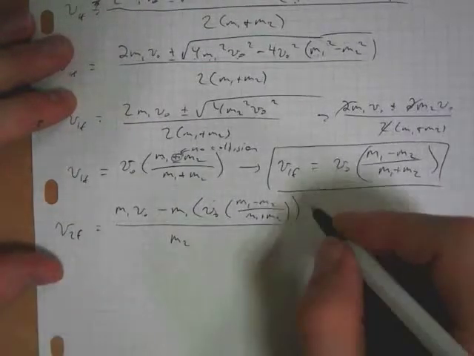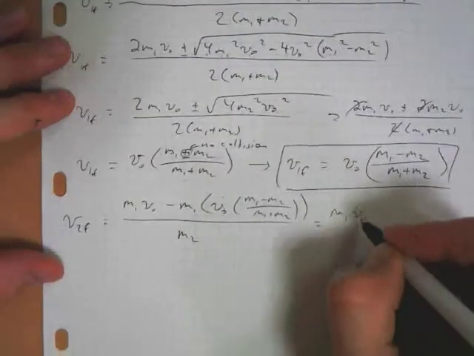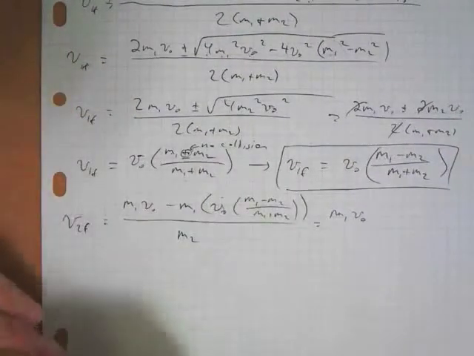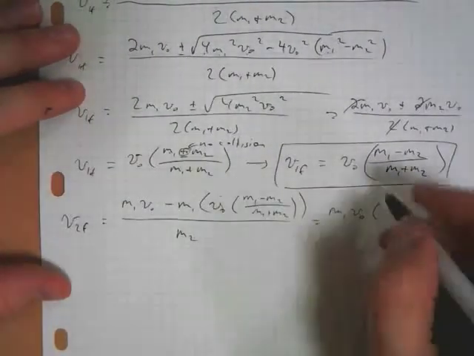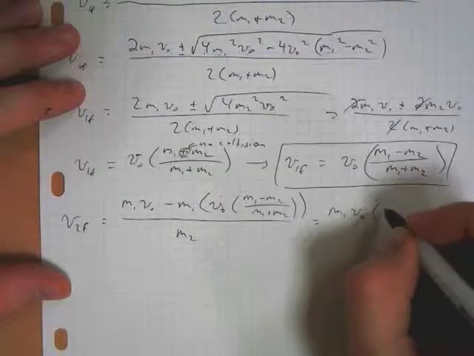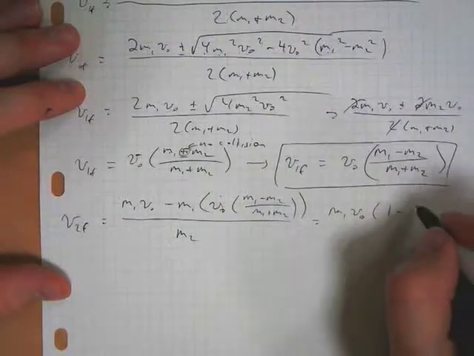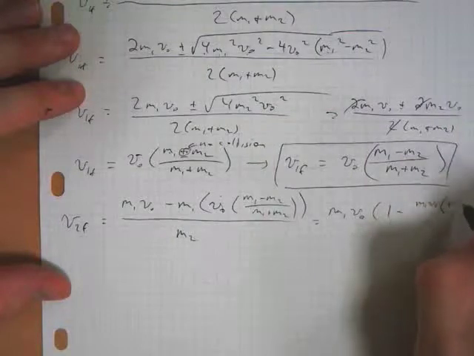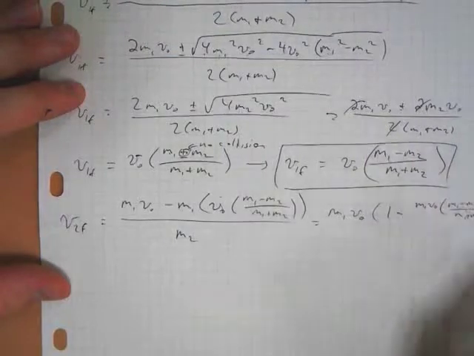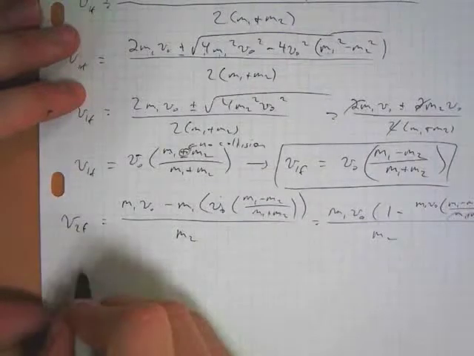If we factor m1 v0 out of the numerator, then we just have 1 minus m1 minus m2 over m1 plus m2, over m2. Let's multiply through by an m1 plus m2.